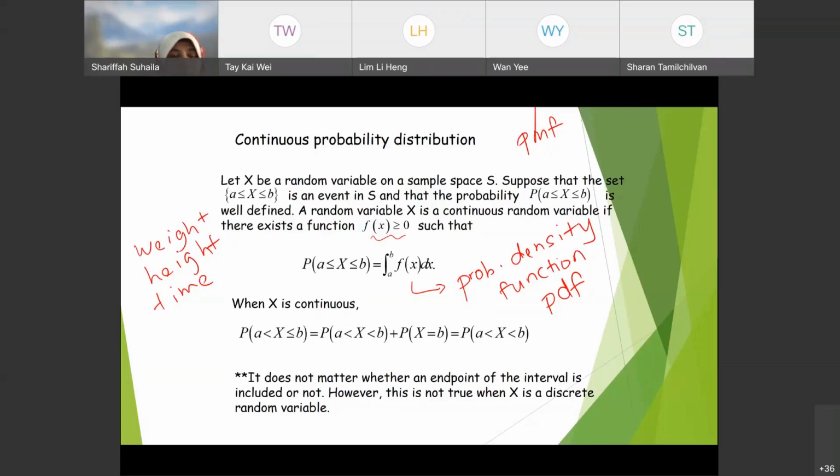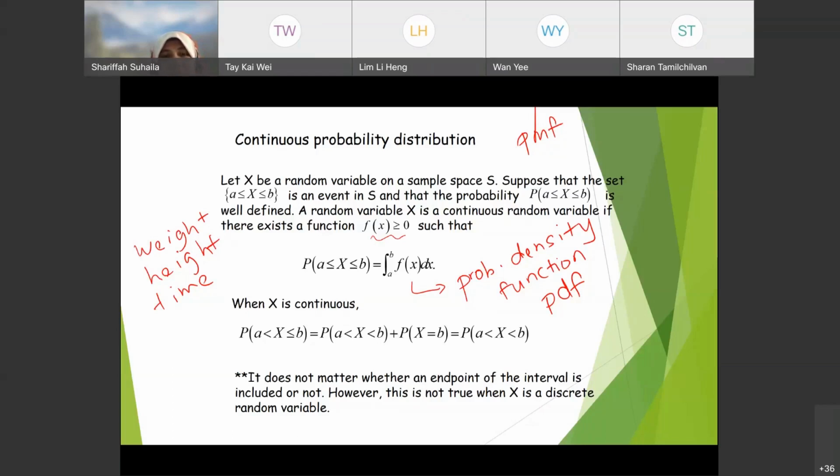Again, for the probability mass function for a discrete random variable, we have the equality sign or don't have equality signs, that means with or without an equality sign, so it is important for discrete random variable.